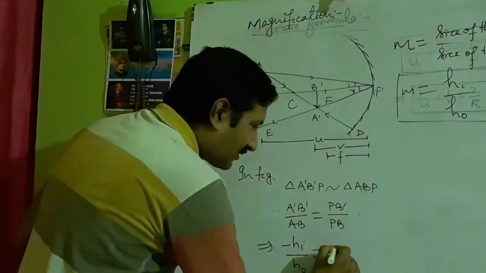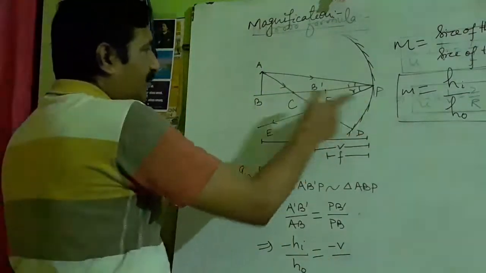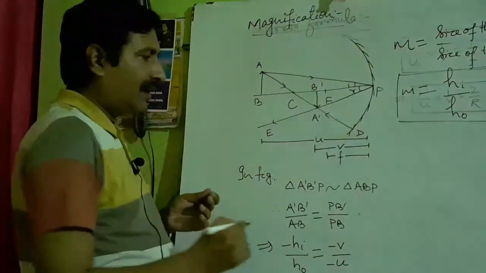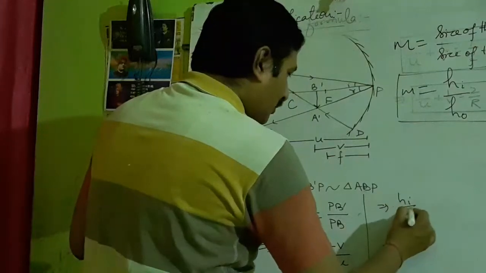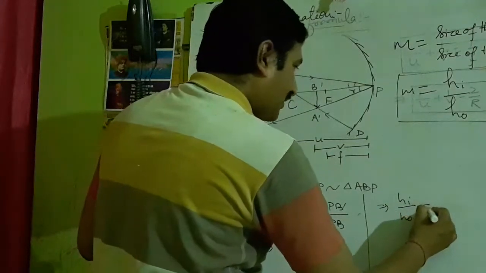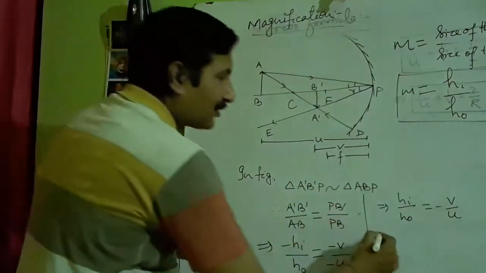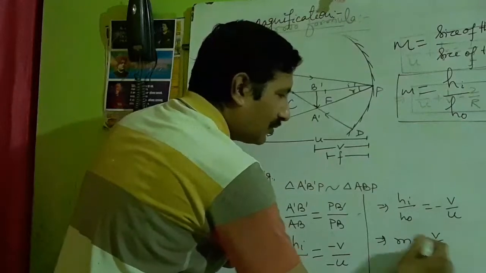So this is minus v by PB. You see this PB is also negative, so this is minus u. From here you can write hi by ho is equal to minus v by u. So this magnification becomes minus v by u.